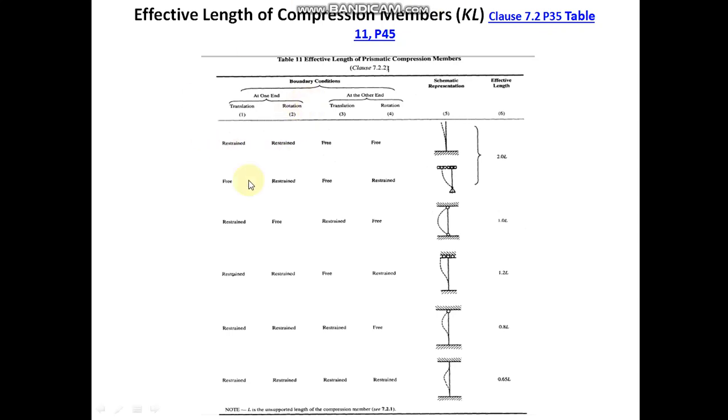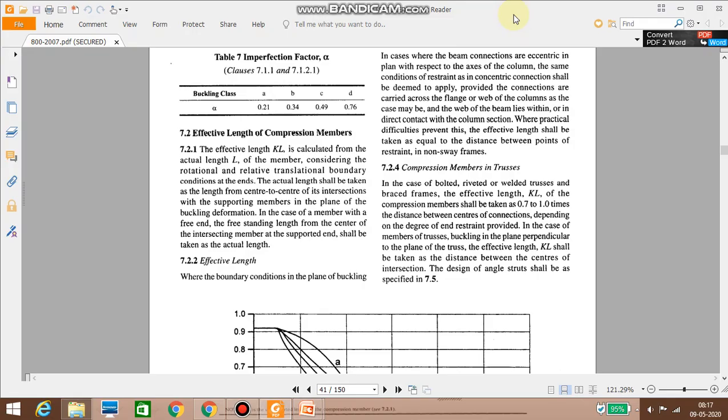So that particular table is shown here. Please note down this table, table 11, page 45, and also clause 7.2, page number 35. Very important. You can go through the code. This clause 7.2 is for the effective length of the compression member. 7.2.1 gives the explanation for effective length, along with 7.2.2 on page number 35.